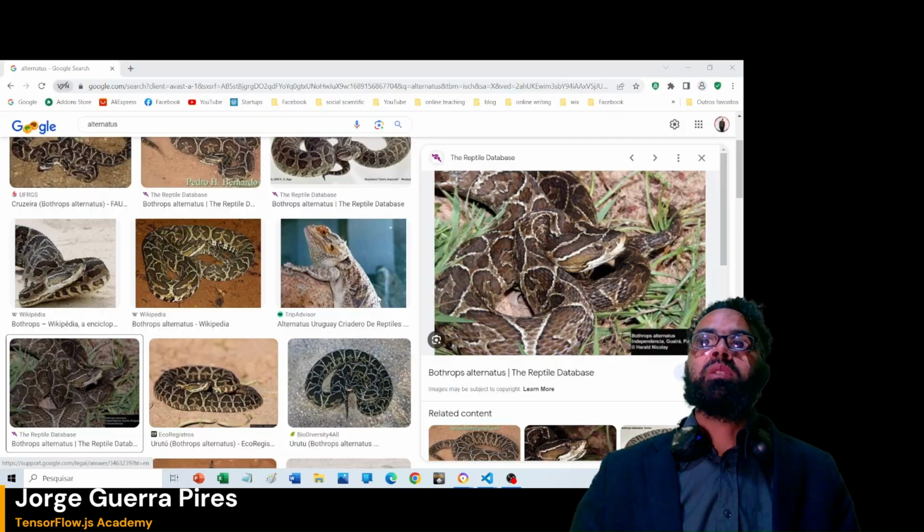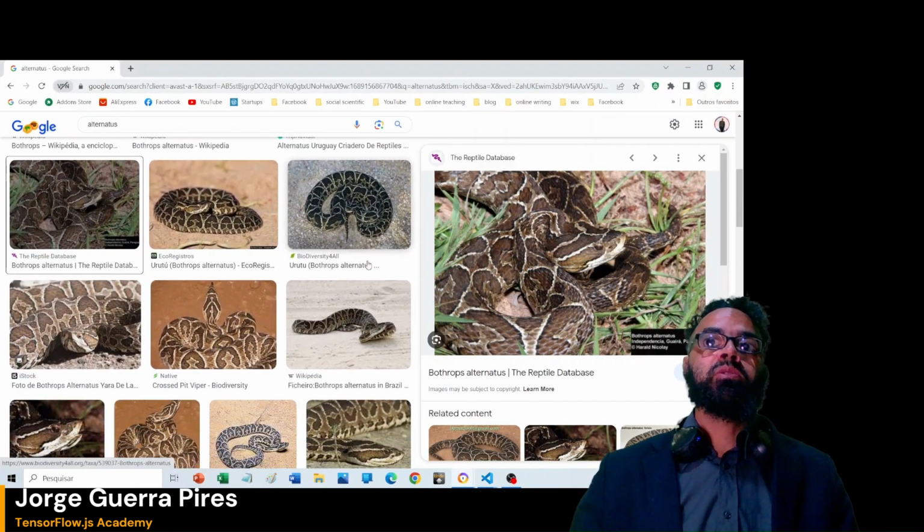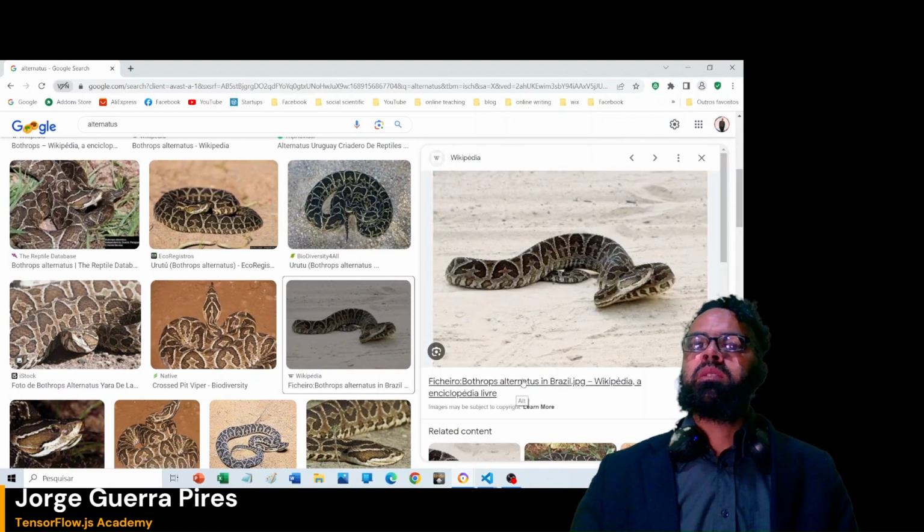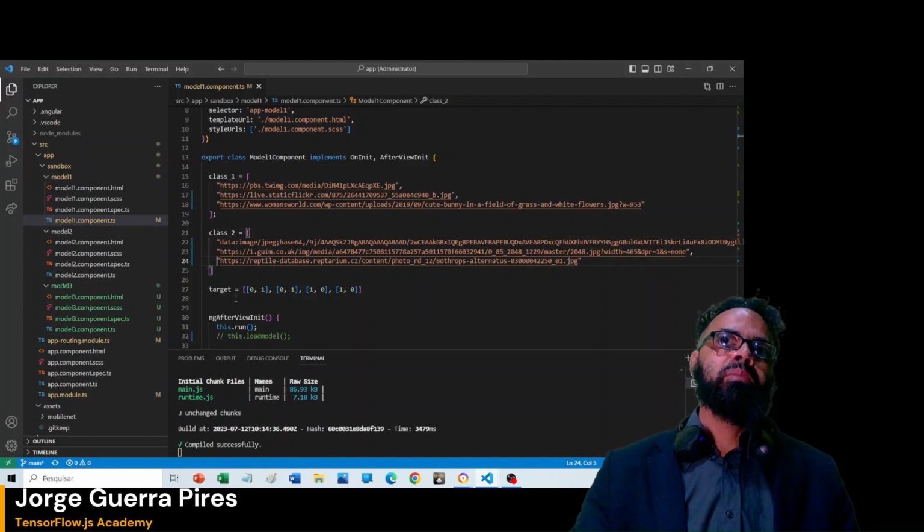Sometimes I have tried several images because I'm using a kind of anonymous step here, so not all images are going to work. Maybe you can even use the technique to put the image locally.